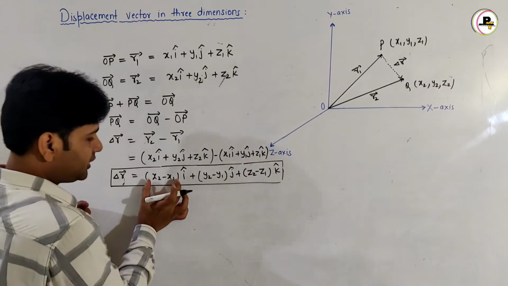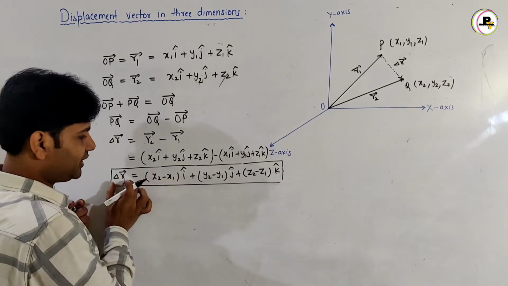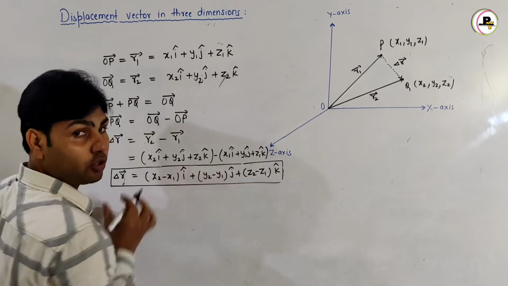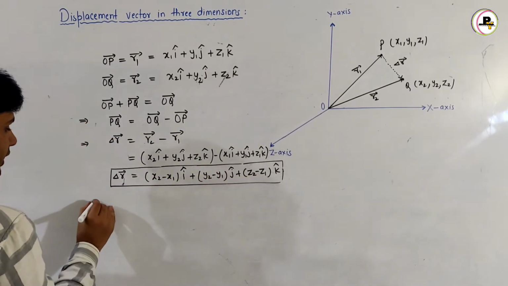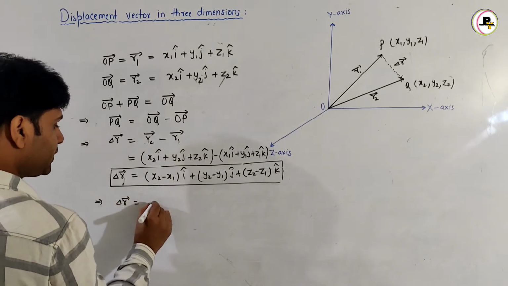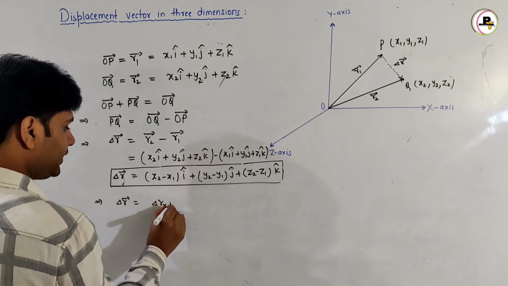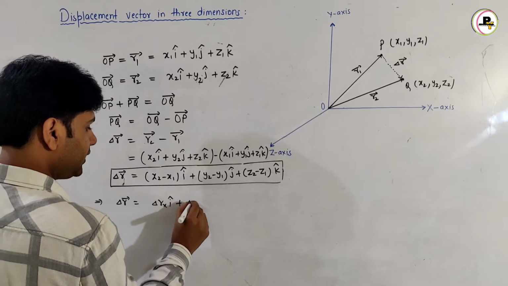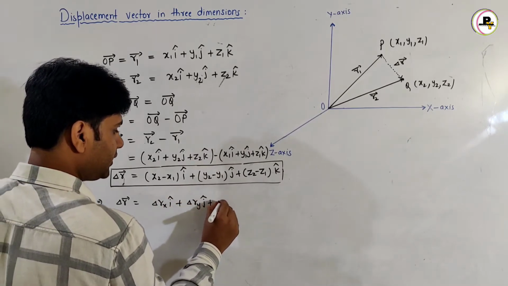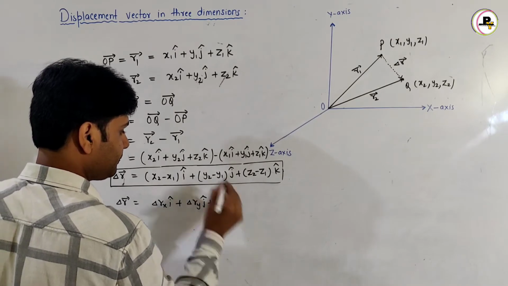I can suppose this is the x component of delta r, this is the y component of delta r, and this is the z component of delta r. Therefore I can write delta r vector equals delta r x i cap plus delta r y j cap plus delta r z k cap.